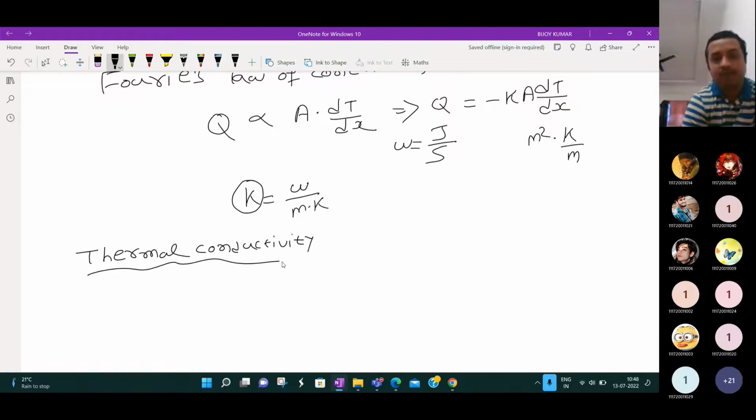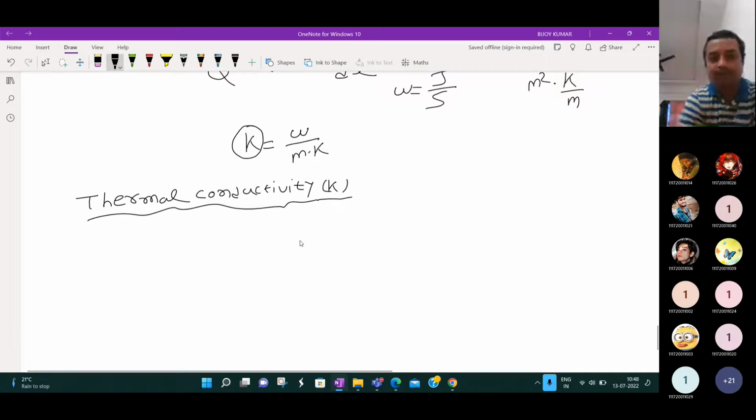So before going into thermal conductivity, let me ask a simple question. Suppose I have one metal rod, because we are discussing conduction, so we'll take examples of solid materials. Suppose say silver, or not silver, let us take iron.